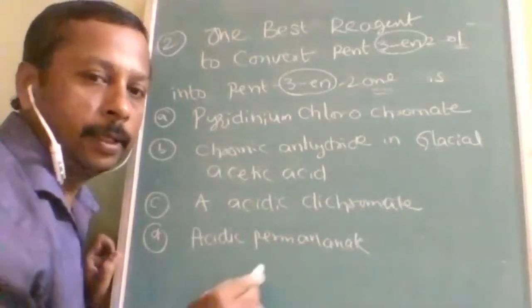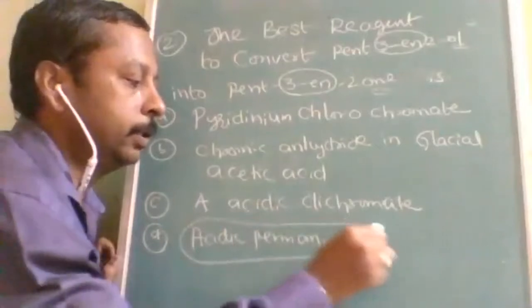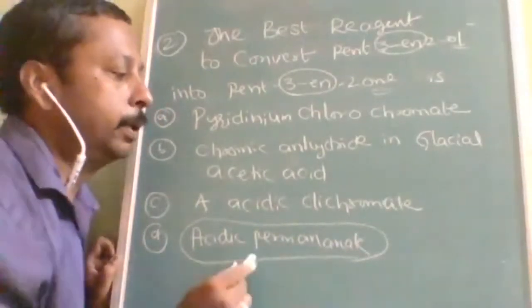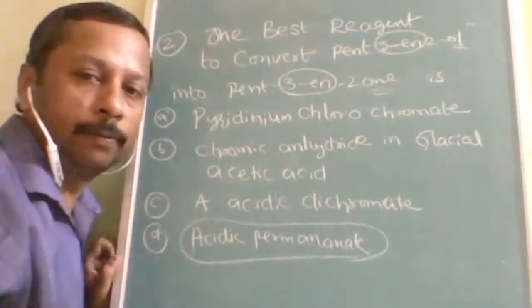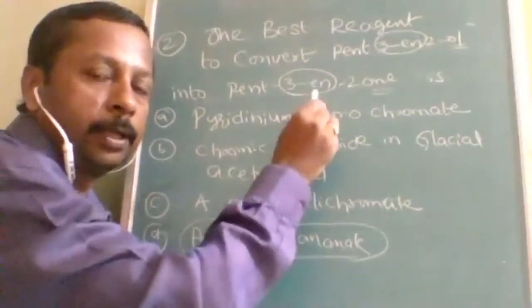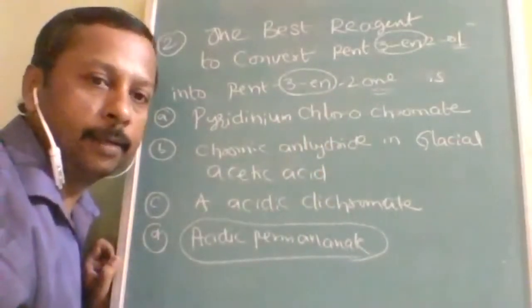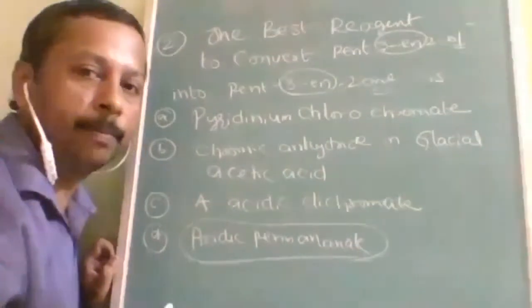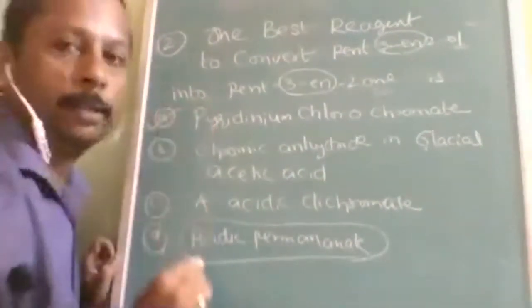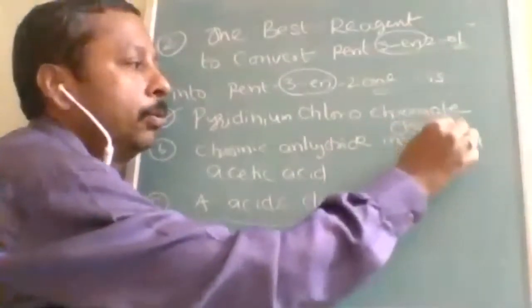Generally when this question comes, potassium permanganate is the option chosen by most students. But the main problem is that it is a powerful oxidizing agent, and it affects the double bond also. For this, the specialist reagent for selective oxidation is PCC, pyridinium chlorochromate.